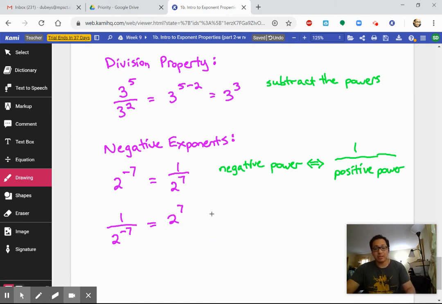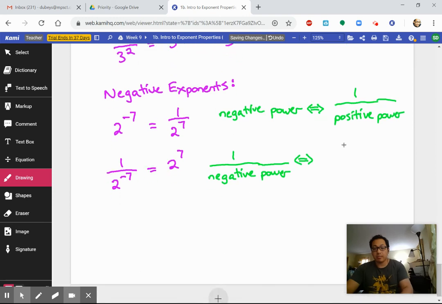Hopefully this makes sense. So if the negative power is on the bottom, I can change that to a positive power on top. And that's our negative power rule.